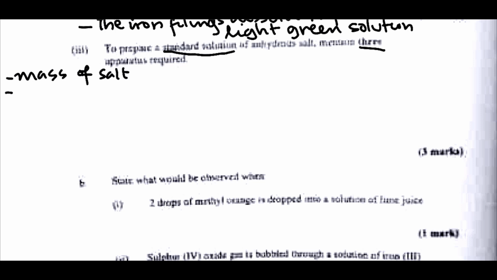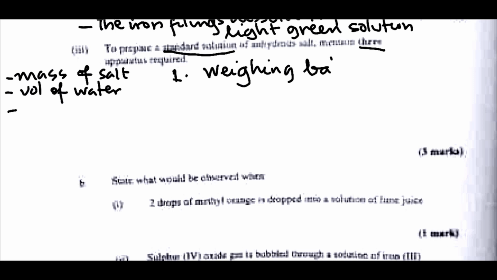You must know the volume of water to be used, right? And you must also make use of a standard flask. So to get the mass, what are you going to use? The apparatus will be what? You use a weighing balance to get the mass of the salt.